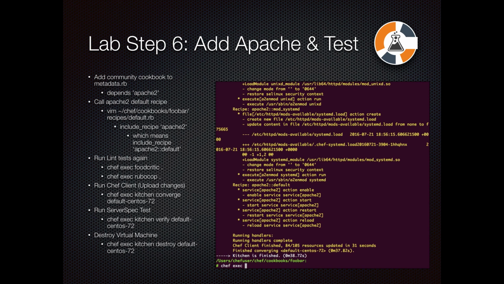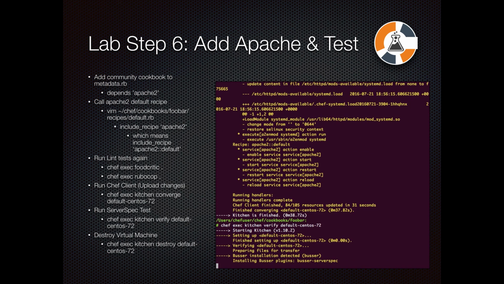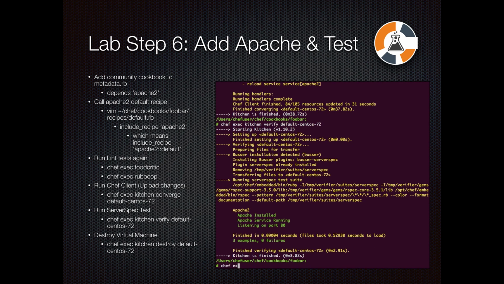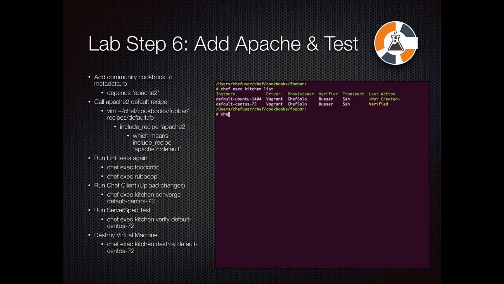Now we'll run kitchen verify to run the ServerSpec test now that Apache is installed. And there you have it. All 3 tests passed. 0 failures. And if you do a kitchen list, you'll see that it's successfully verified.